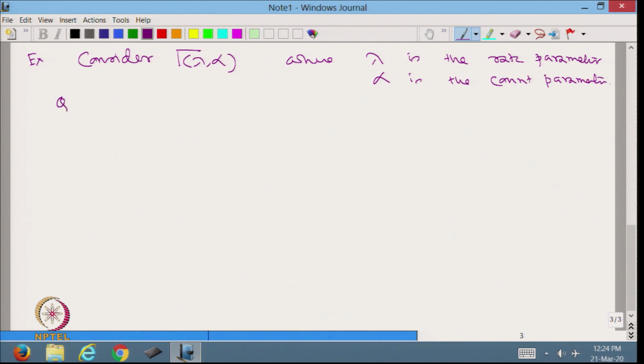The question is, does it asymptotically converge to a normal distribution?